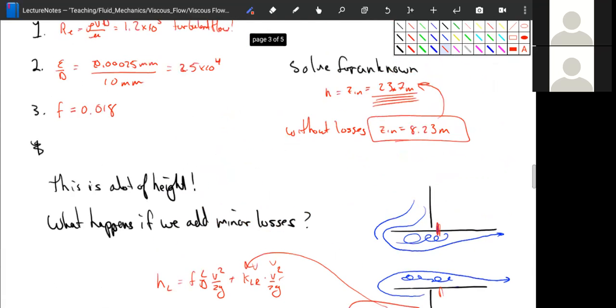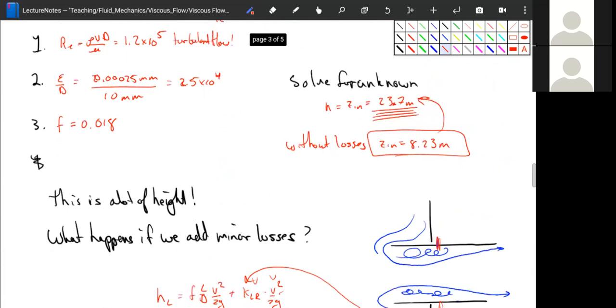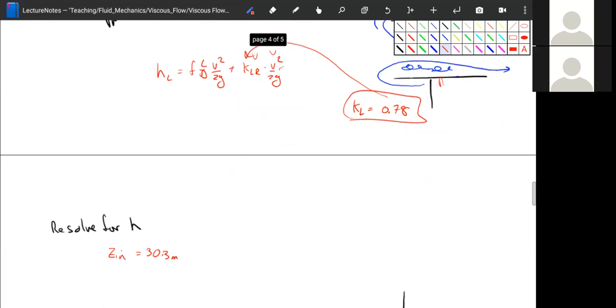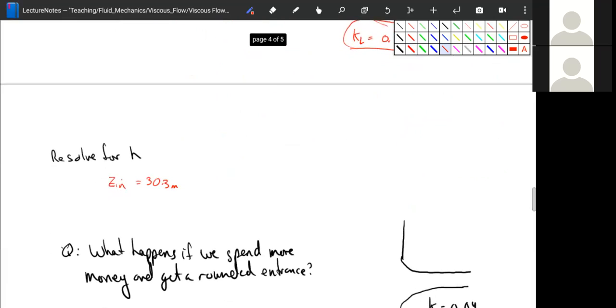So we went from 23.7 meters up to 30.3. So our major head losses was roughly equal to 15 meters worth of loss, right, of energy. And our reentrant entrance then is roughly equal.